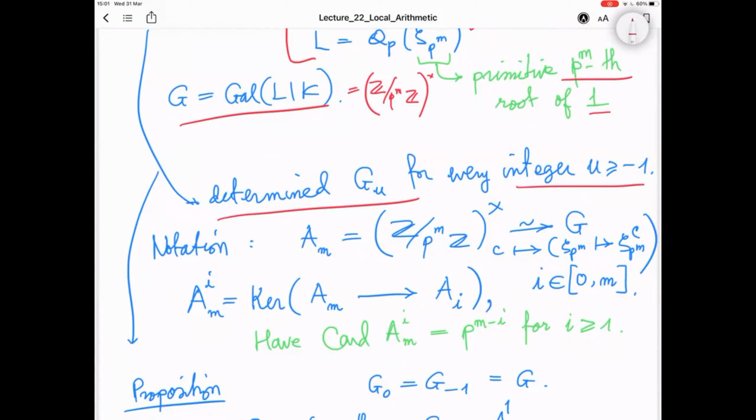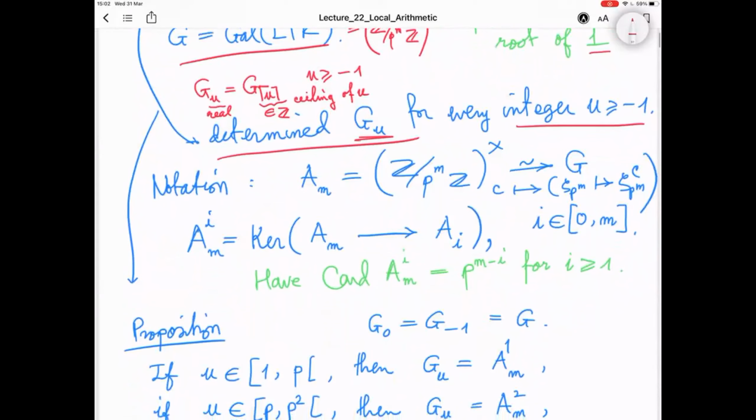But determining G_u for integers u is the same as doing it for all real numbers u, because in general, G_u is equal to G of the ceiling of u. Here u is any real number. This ceiling is, of course, an integer. And for integers, we have determined what this G_u is.